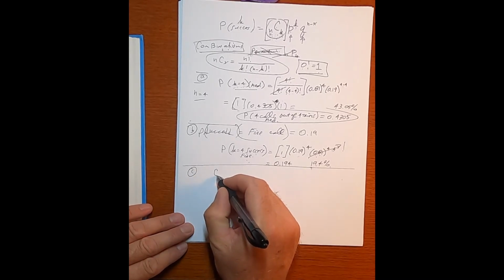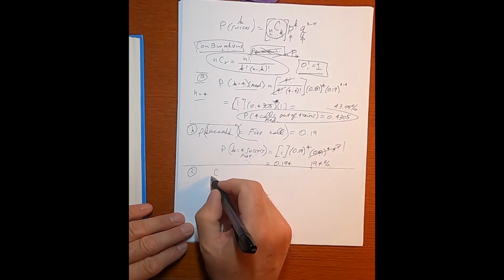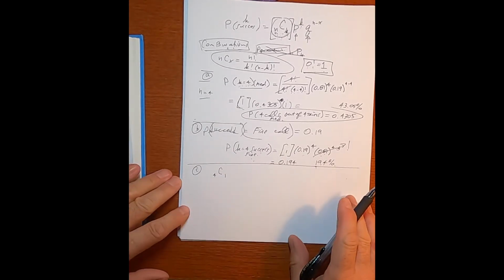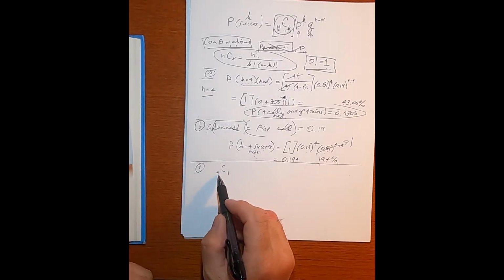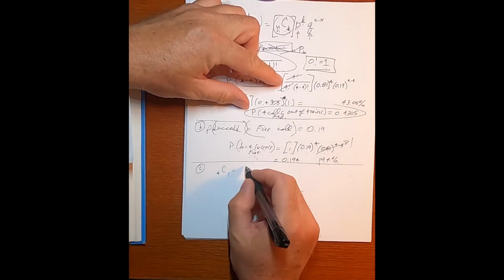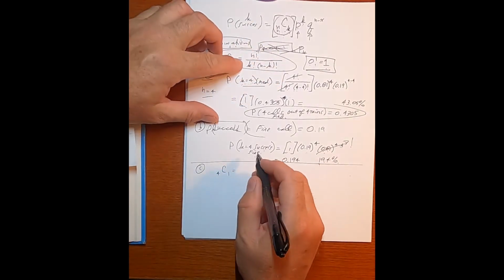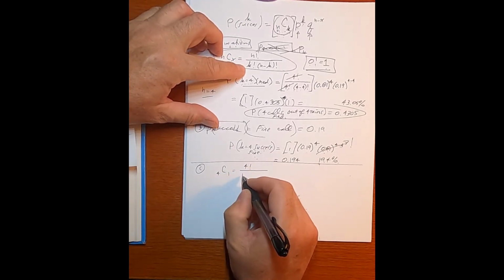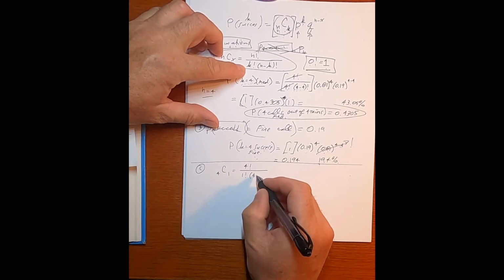N is 4, but you're going to have 1 call for fire as success. So the combination is 4C1. And that will be run out to be n, which would be 4 factorial, all over k, 1 factorial, and 4 minus 1 factorial.